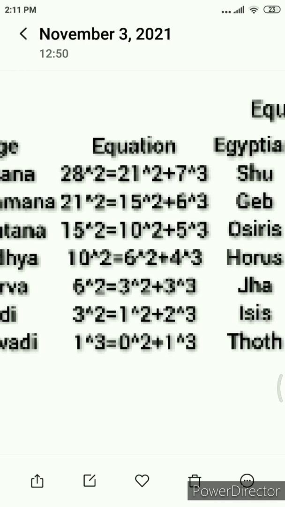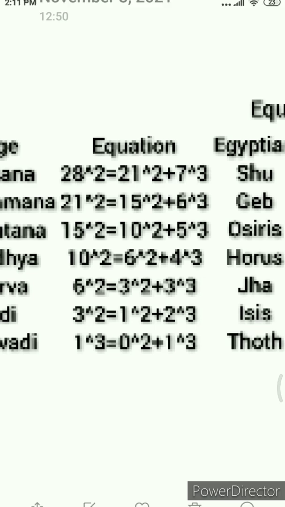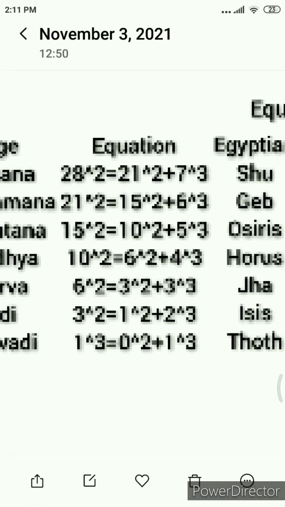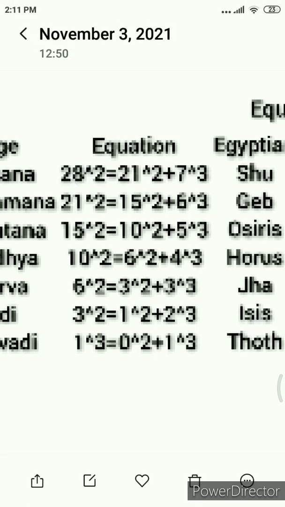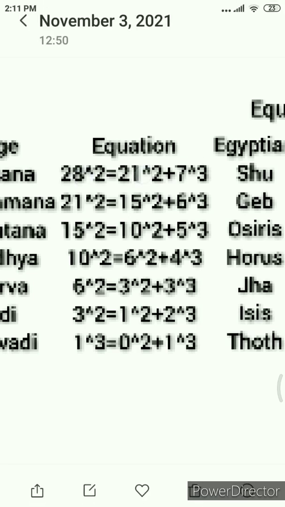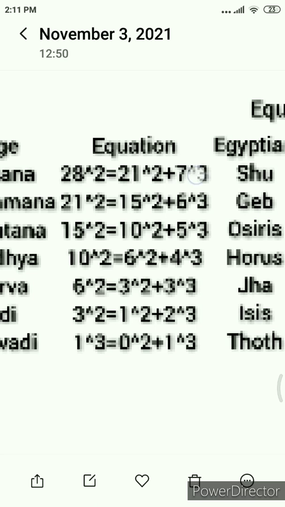So who is the father of Brahma? 28 squared. 21 squared is son of 28 squared. So here, 28 squared being 21 squared, which is gray, 7 cube is white.